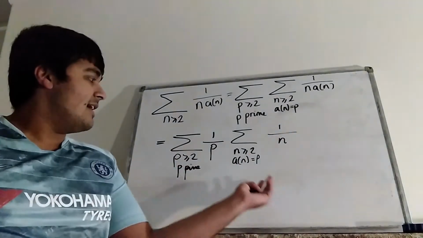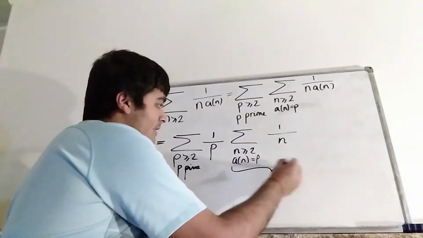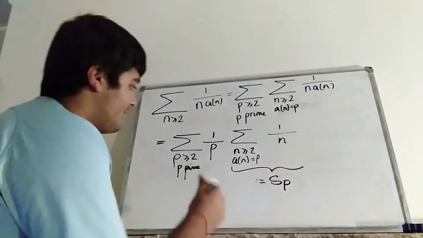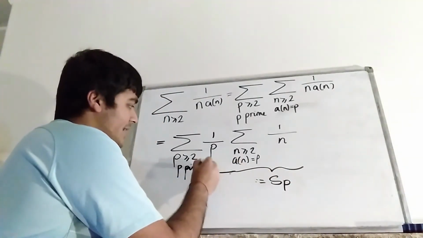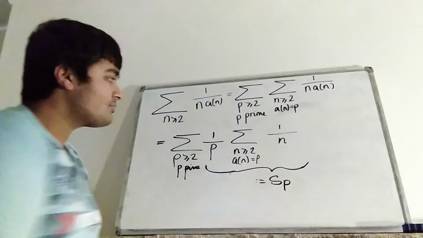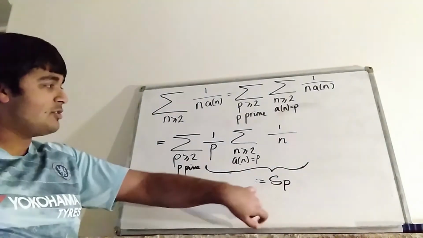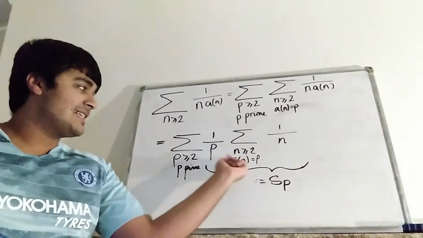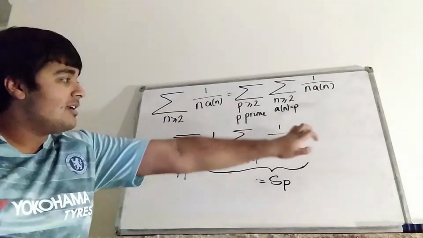And this thing here, including the 1 over p, I'm going to define to equal s_p. So s_p is 1 over p times the sum from n equals 2 to infinity, over the set of n for which a_n equals p, of 1 over n.